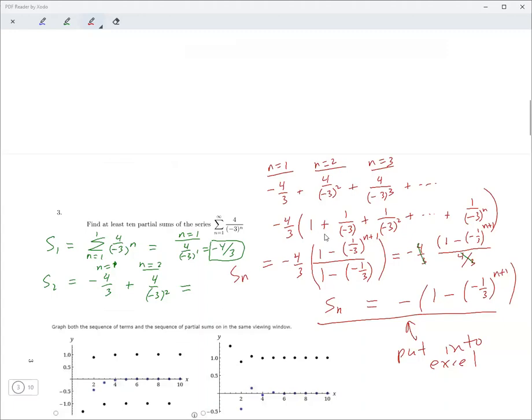Summing to here is when n equals 1, and this actually corresponds to n minus 1.